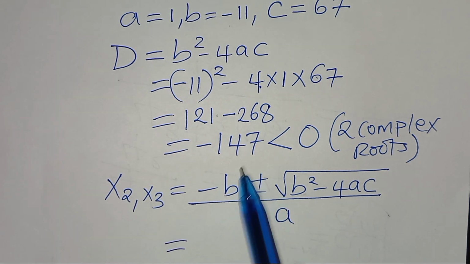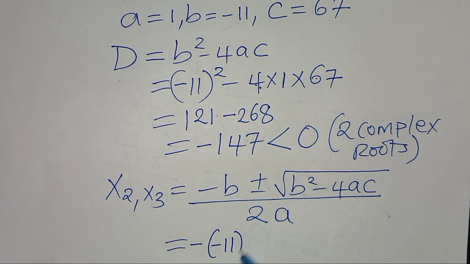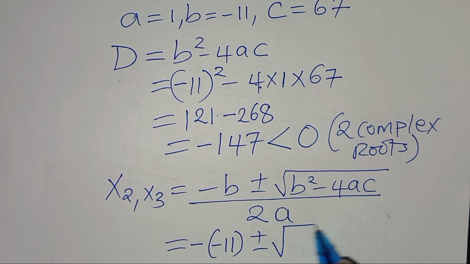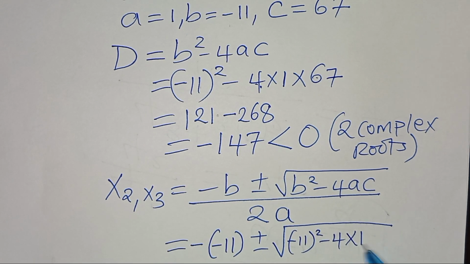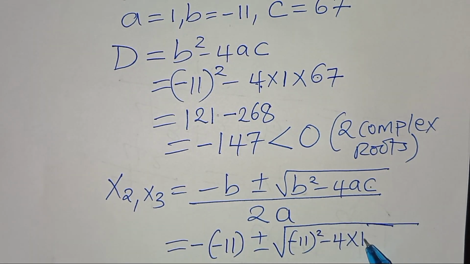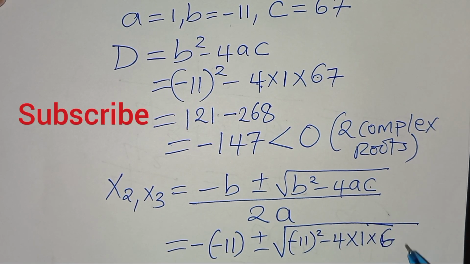We have b equal to negative 11, so we have negative of negative 11, plus or minus the square root of (−11) squared, subtract 4 times 1 times c, which is 67.